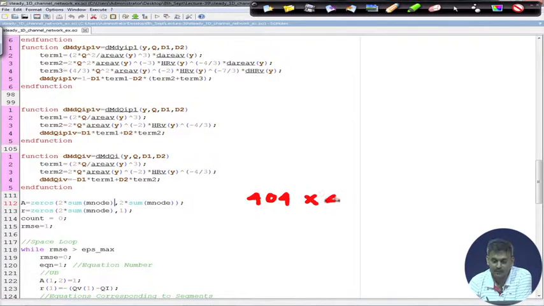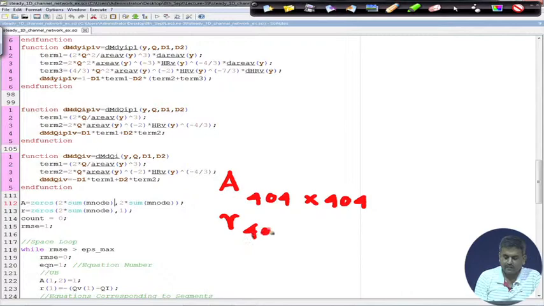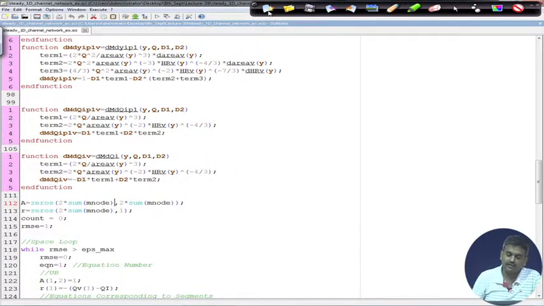So, 404 into 404 should be the size of A, and the size of R should be 404 into 1. In this case, the count is 0, RMSE is 1. We have already initialized the GV or general variable there.